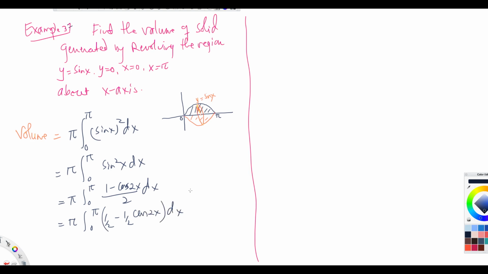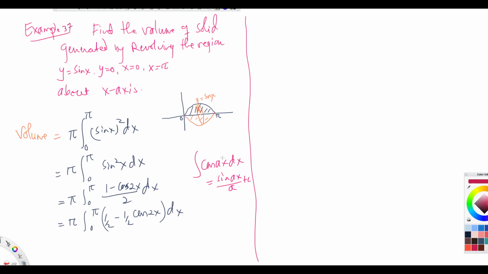See that? What is the integral of cosine 2x? So the integral of cosine, let me use a different color for the formula. The integral of cosine ax dx will be sine ax over a plus c. That's what you get. But since it is a definite integral, you don't need c. The idea here is, you write sine ax and divide by a. How do I get that?